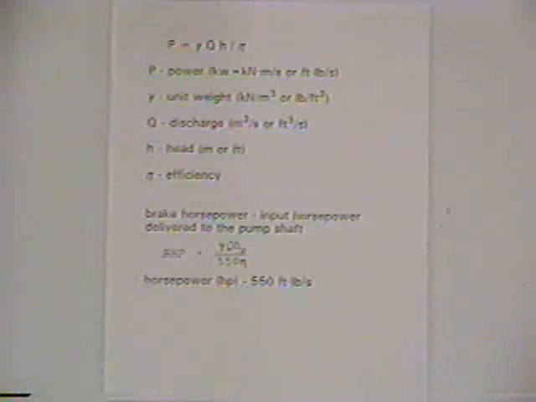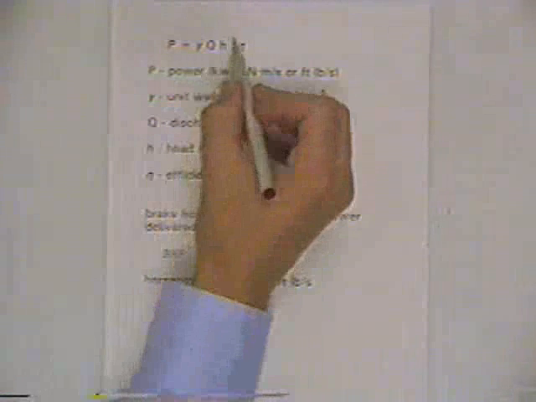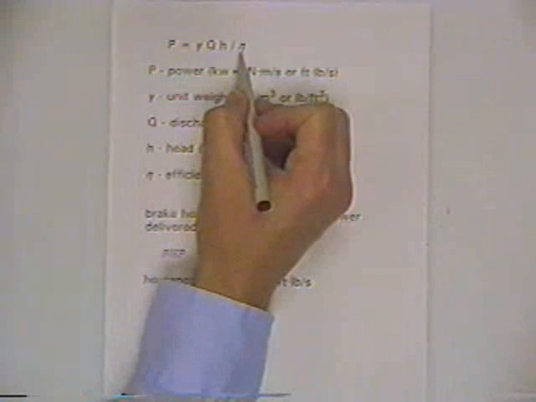And so the efficiency is just a number less than 1. That's the ratio of the hydraulic energy produced divided by the electrical energy supplied. And so we'll divide by the efficiency.